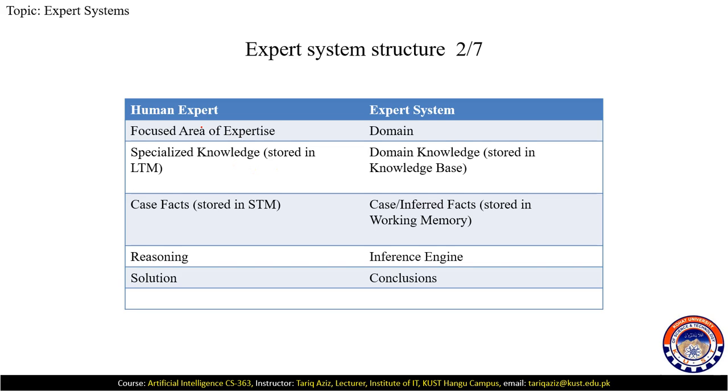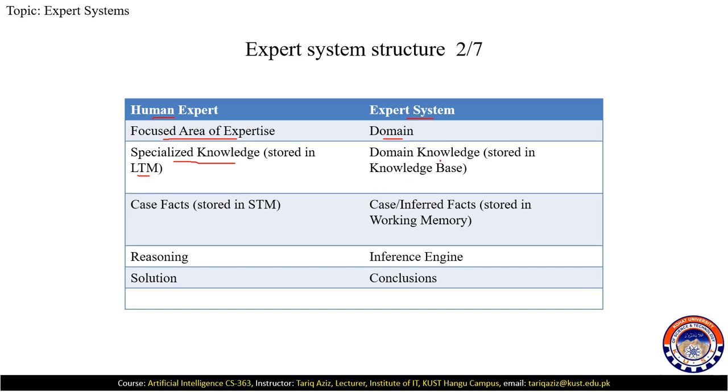With the help of a table, let me try to explain the concept: this is our human expert and this is the expert system. The human expert has a focused area of expertise, while in the expert system it is known as the domain. Then the human expert has the specialized knowledge of a certain domain, which it stores in the long term memory.